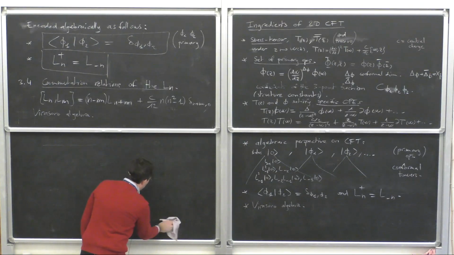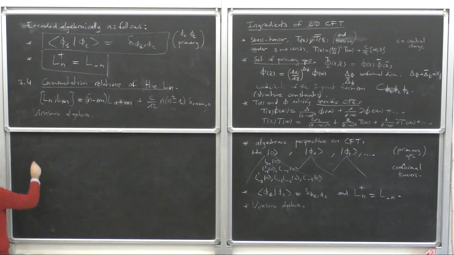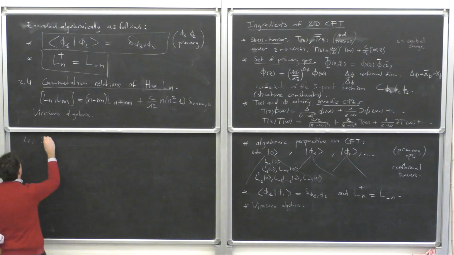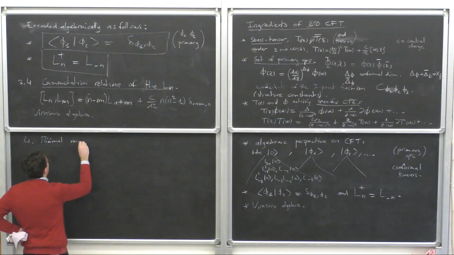Some specific theories that were discovered in 1984 and that were very important in terms of fundamental physics are the minimal models.